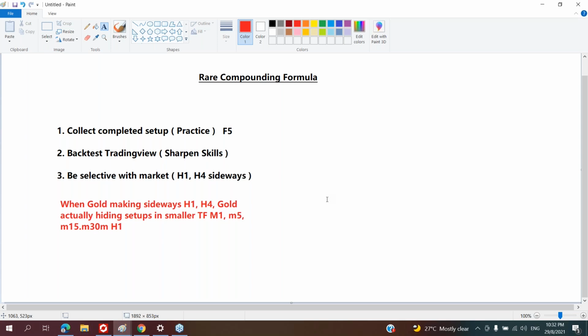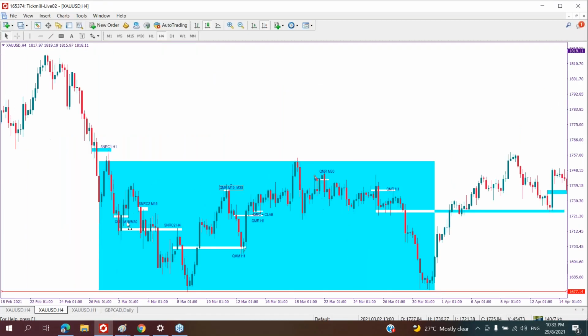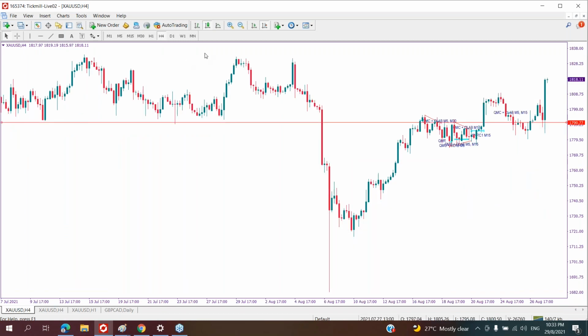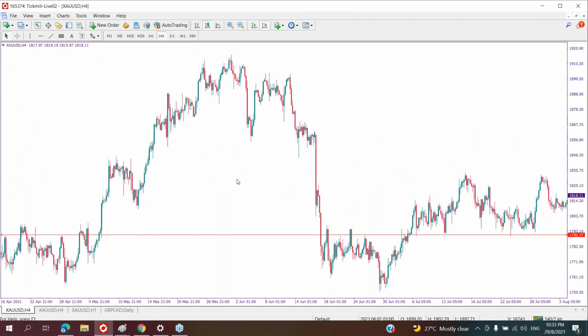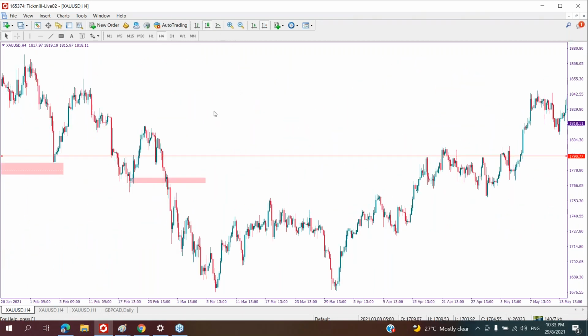Okay, so the question is, you have said that in recompounding you don't use SL but cut loss. In what situation should we cut loss? I think it's better I show it here.